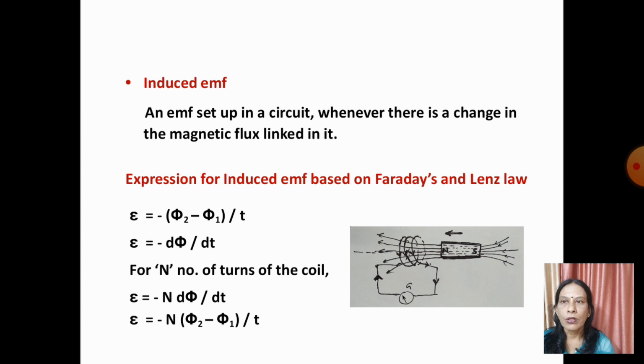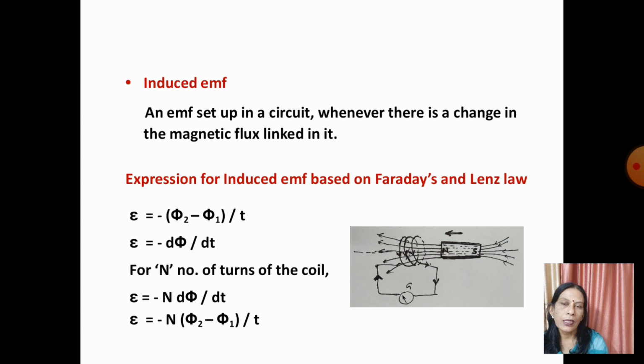Now today we will talk about induced EMF. As you know, induced EMF means the EMF which has been introduced in the circuit when the magnetic flux linked with it is changing.